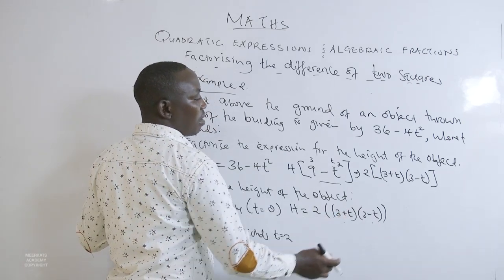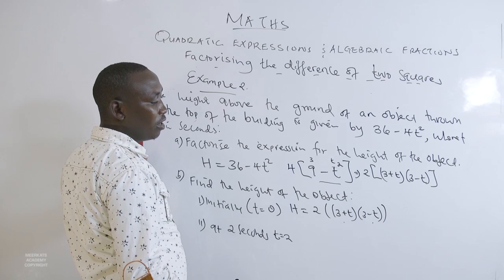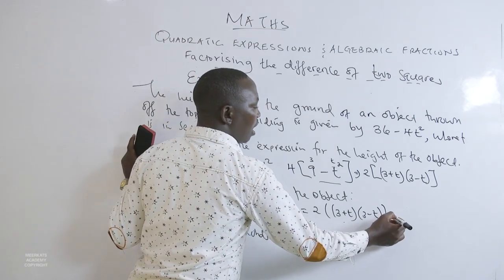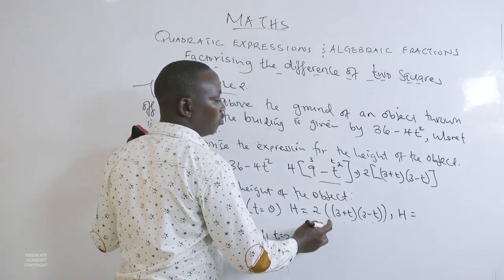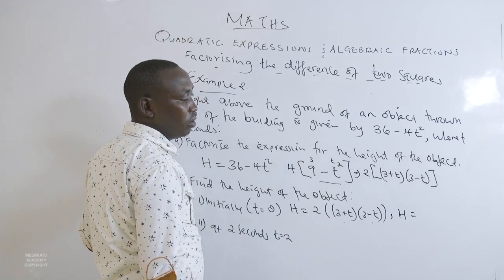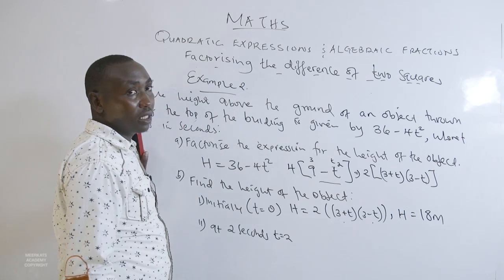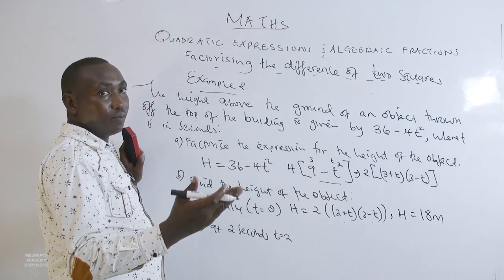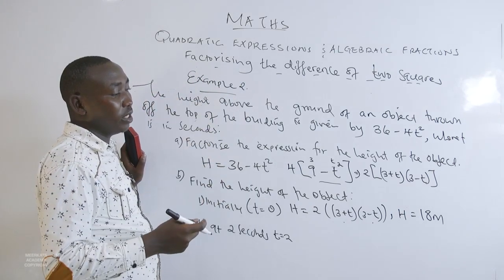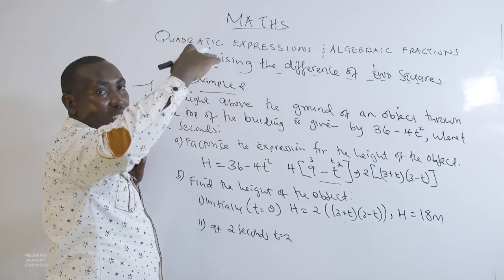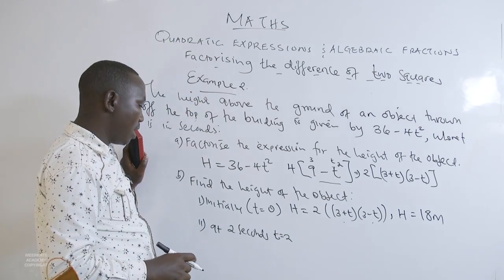So 3 multiplied by 3 will give you 9, and therefore our height is going to be 4 multiplied by 9, which is going to be 36 meters. So that means initially that object was 36 meters above the ground.